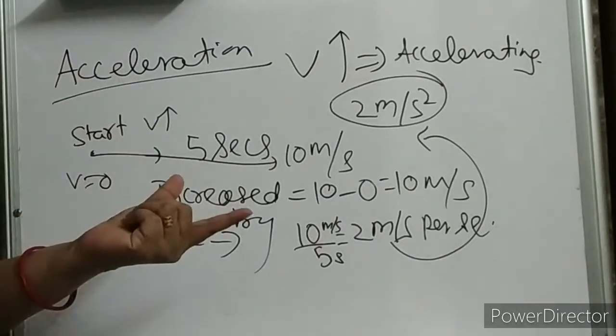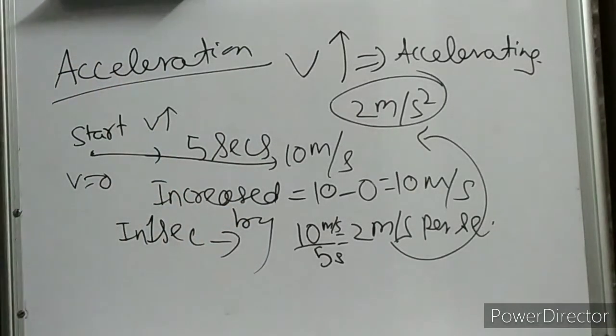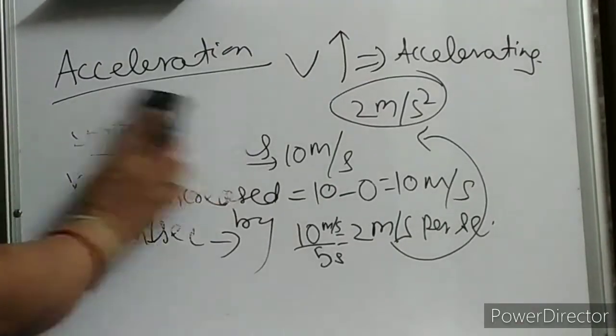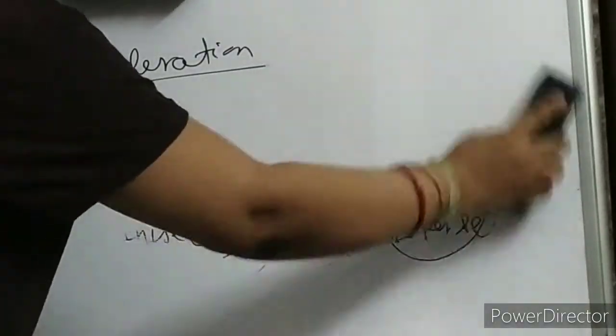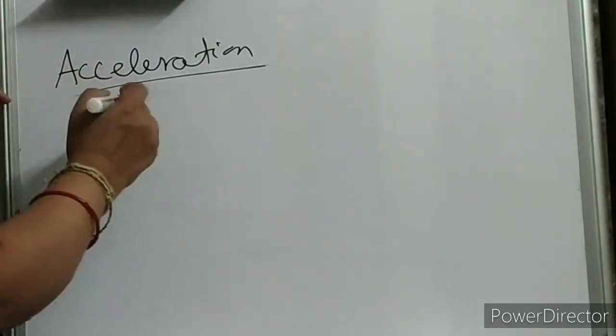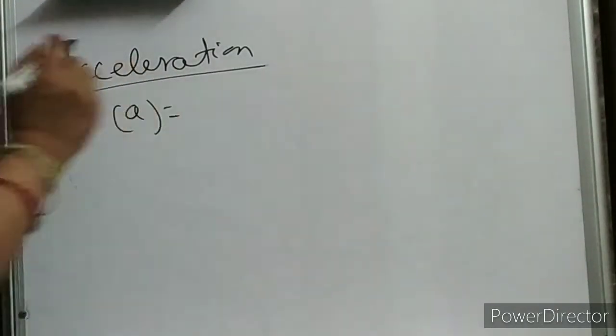So what is acceleration? Acceleration is nothing but change in velocity with time. Clear children? And you will denote it as A. So acceleration is change in velocity per second, or rate of change in velocity.